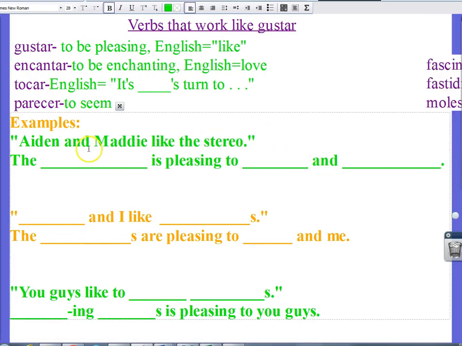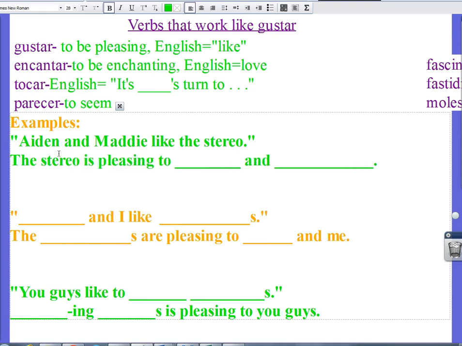So write that example sentence in your notes and also add the literal translation. The stereo is pleasing to Aiden and Maddie. Skip a line, write that one Spanish sentence that would work.